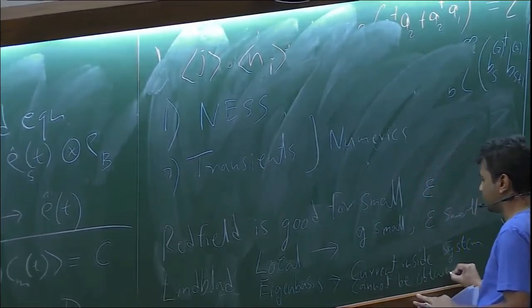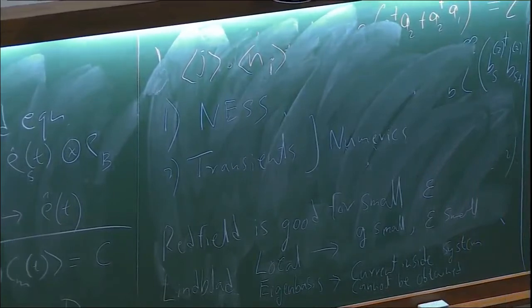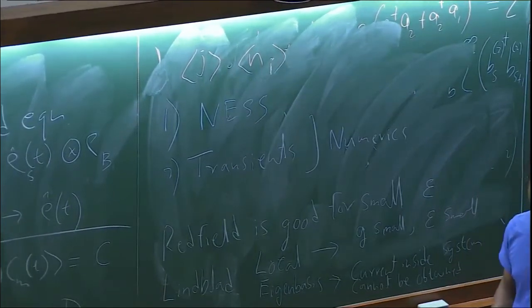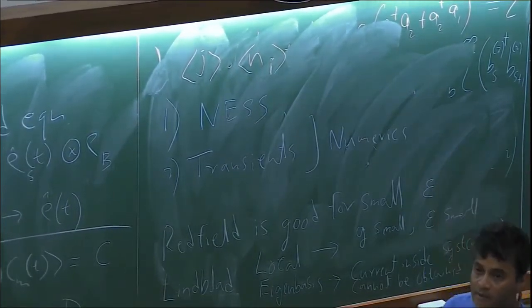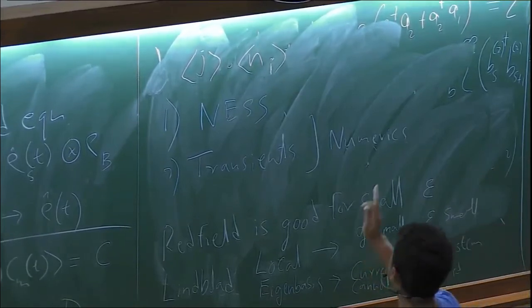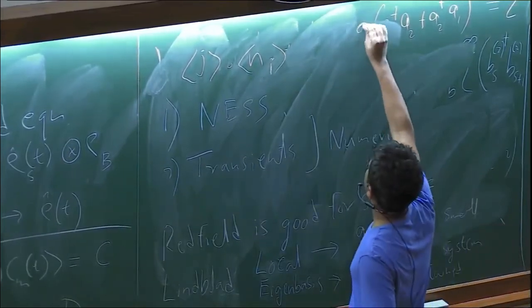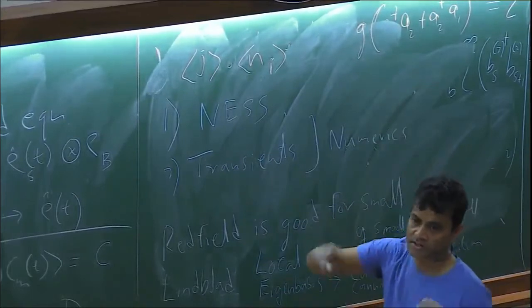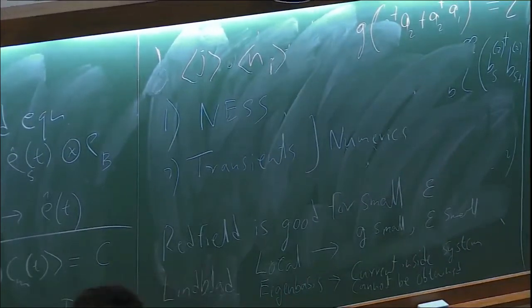So some properties it just can't get, but some properties it does capture. G was the coupling within the two dots.